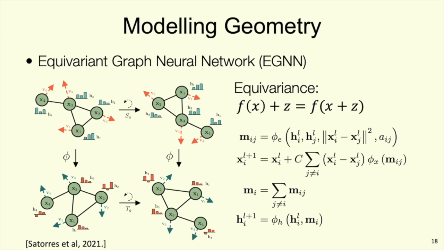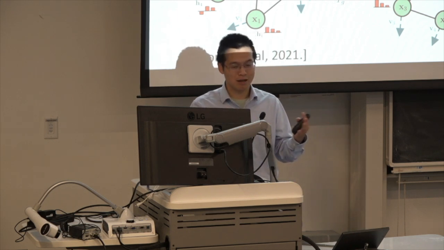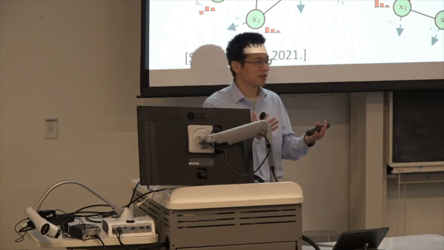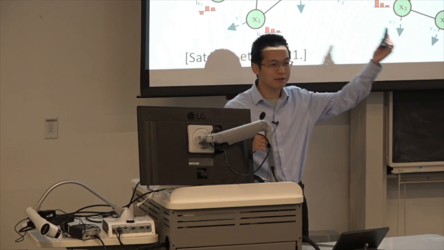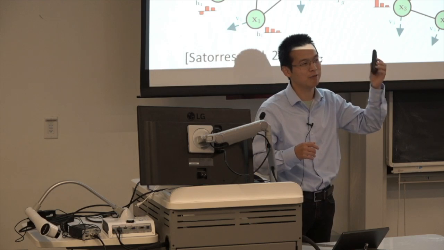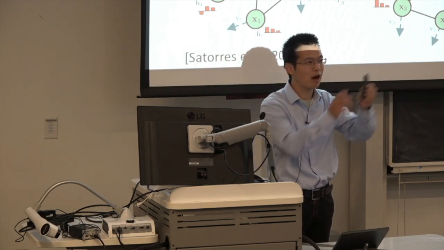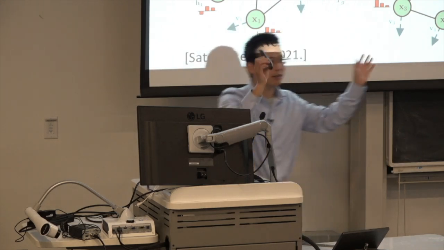We want to make sure the representation for this graph and nodes preserves certain kinds of invariance under geometric transformations, such as translation, rotation, and mirroring. So let's say if we have an object in space, if we move it, it's still the same object, right? Our algorithm should recognize it, so we should have the same representation for the same object, no matter how we move it in the space or how we rotate it. So that's the key idea.